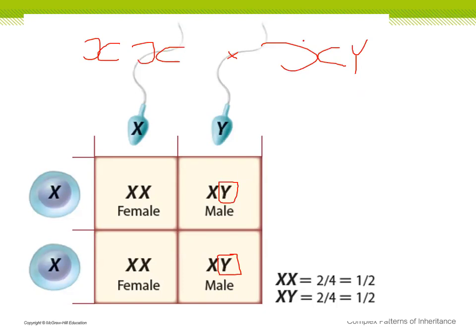So if it comes from the Y chromosome, that can disproportionately affect males if it's a dominant gene. The other one is, what if my mother has a recessive gene that only affects the X chromosome? If they have a son, he has no other X chromosome to stop that.